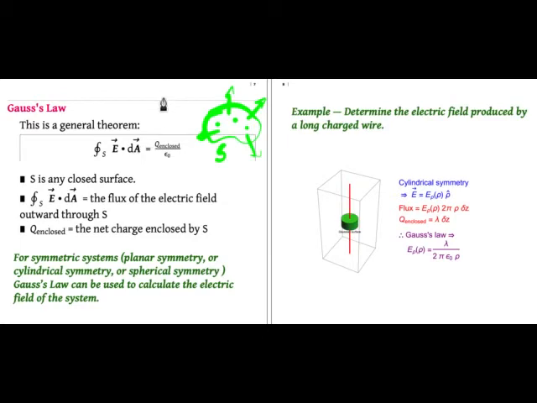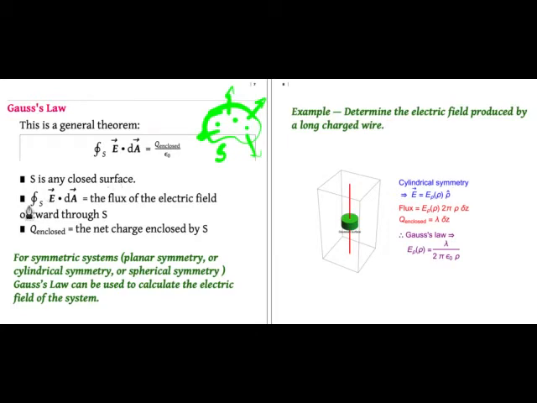And Gauss's theorem says that is equal to the total charge enclosed divided by epsilon 0. It doesn't matter what surface you use, and it doesn't matter what the positions of the charges are, it's a general theorem. So S is any closed surface.